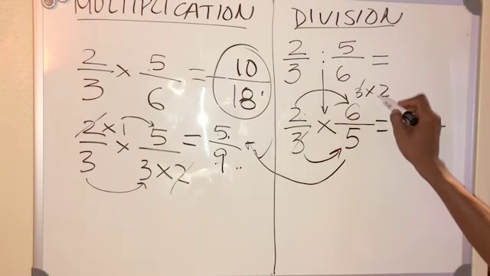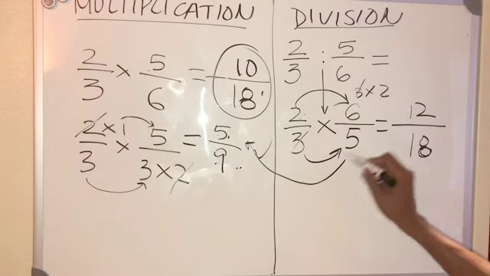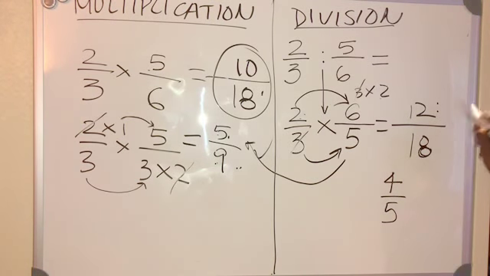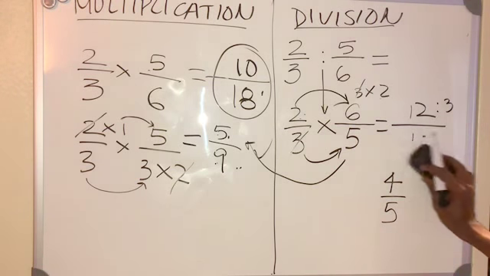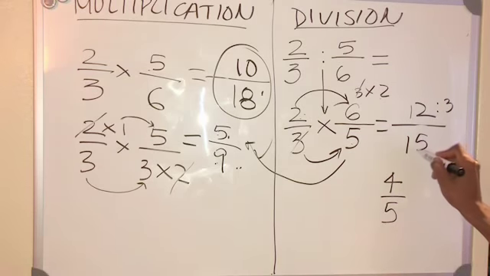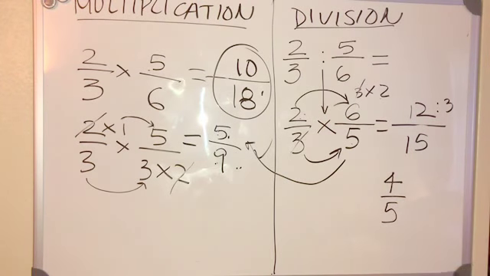Hold on, my mistake, guys. I'm sorry. This should be 3 times 5 is 15. It's 15. 2 times 6 is 12. 3 times 5 is 15.